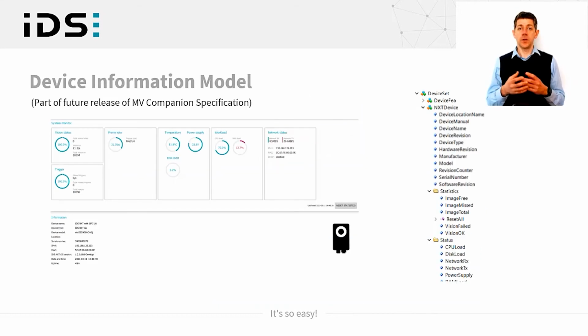Going further into the machine vision companion specification, we have the unified device view. And we can see the sorts of information that is available through this.